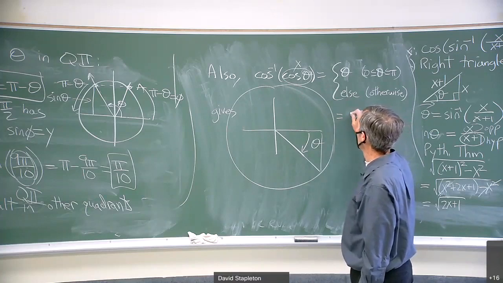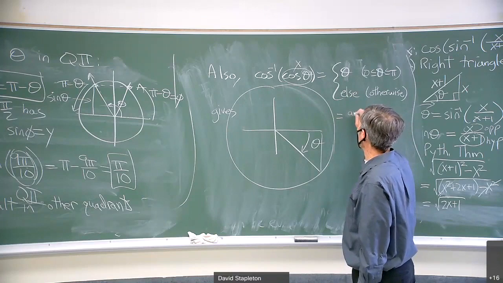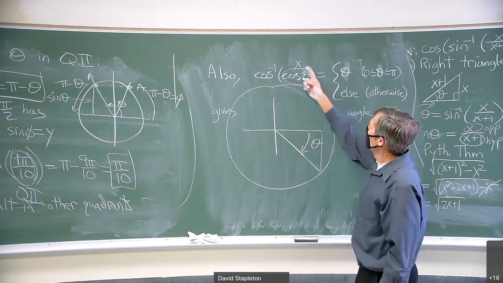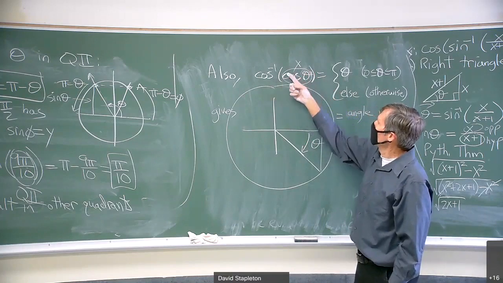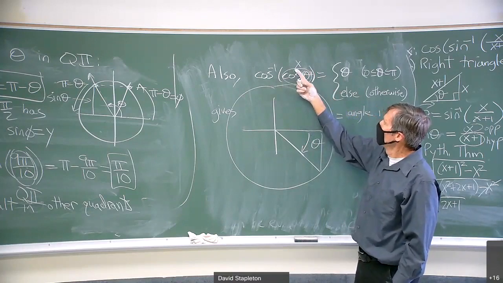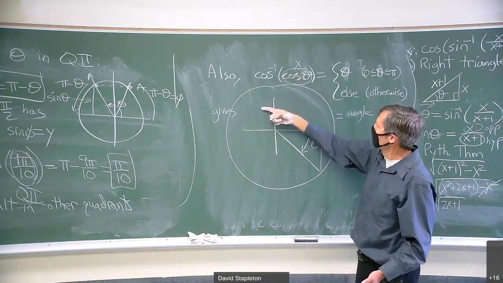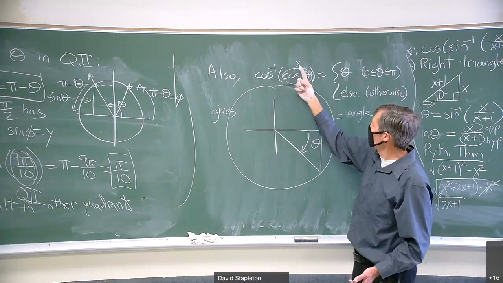You take cosine theta is equal to x, some number, and then you say arc cosine of x is the angle in quadrants 1 or 2 that has x as its cosine.